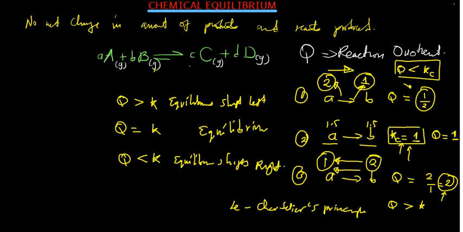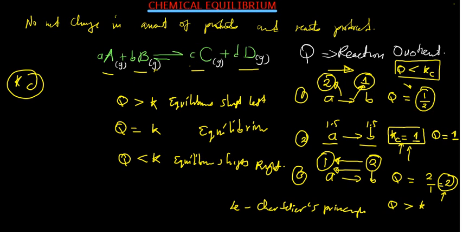Okay, so these are some things that we need to understand when we are talking about chemical equilibrium, and this is very important. When we've been given Kc at a certain temperature, and then they've given us some certain conditions, we want to determine the direction in which a reaction is going to proceed.